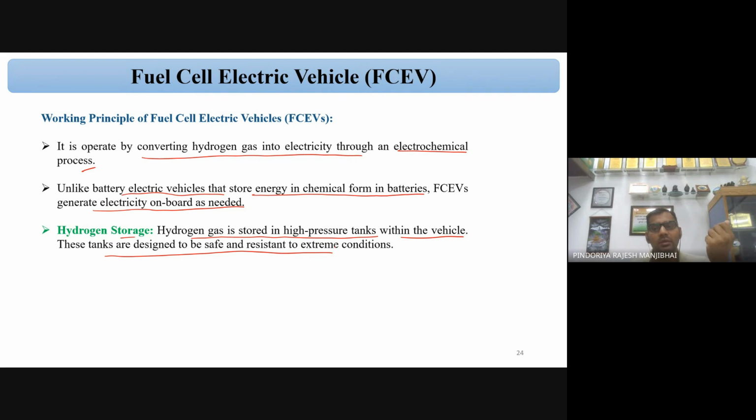We can say it is like a nuclear bomb, correct? Suppose there is a blast, it will affect a very large area, maybe 100 meters, maybe 200 meters, maybe 500 meters, depending on the volume of the hydrogen. So it is more dangerous, and we have to store it in the safest tank. Okay.